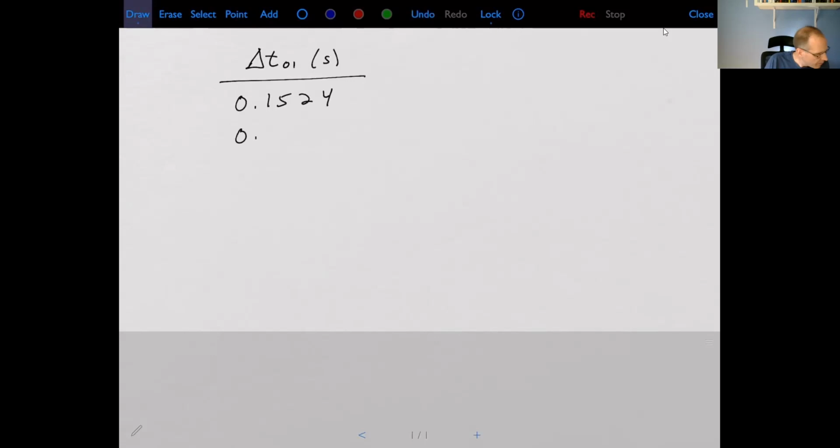Then let's say 0.1497. I kind of just made up these values for this example. Say 0.1535. Then 0.1551. And then finally, let's say 0.1520.